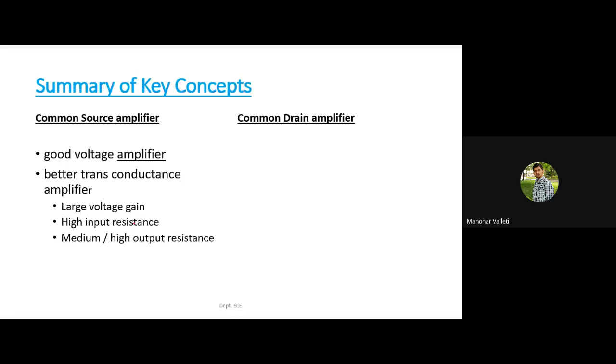It gives very good voltage gain and is also called a better transconductance amplifier. As gain is more, obviously transconductance is more. As you know, transconductance is directly proportional to the voltage gain. So it will give large voltage gain, high input resistance, medium to high output resistance. This is the characteristic of the common source amplifier.